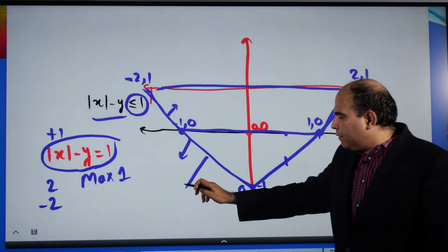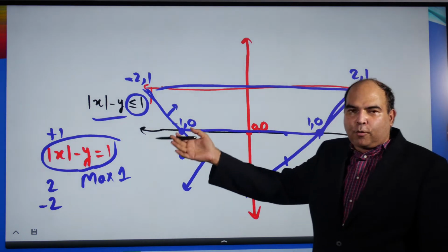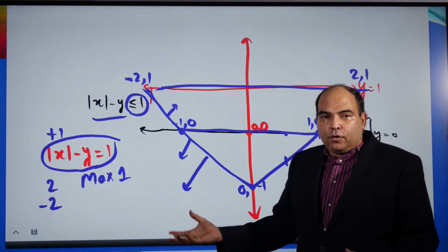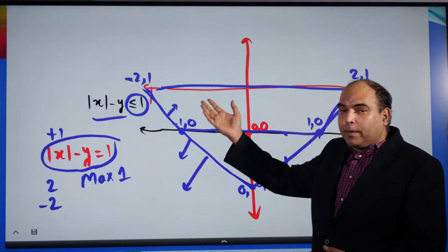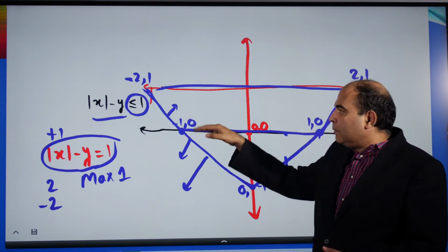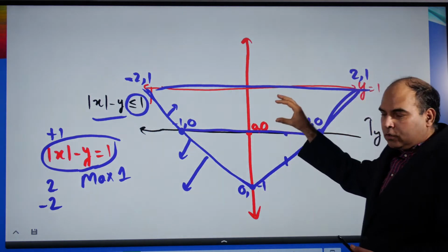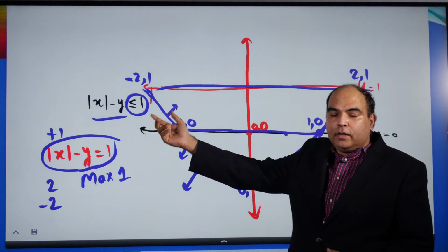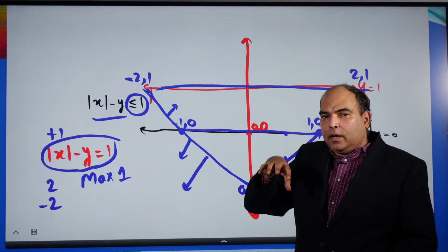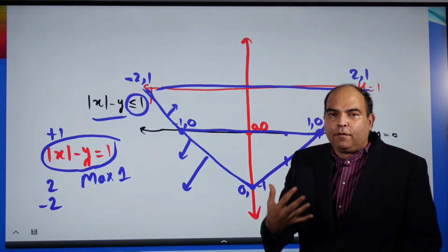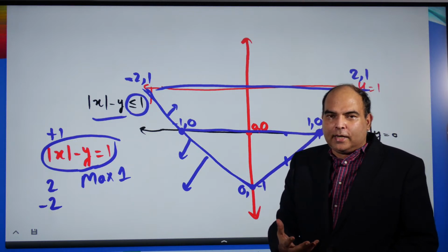Intuitively, if this is the area in which mod x minus y is less than equal to 1, then you're not getting a closed area, because your band for y greater than equal to 0 and y less than equal to 1 was above here. So this function and the area of this inequality has to somehow intersect that band. So intuitively you can understand that.